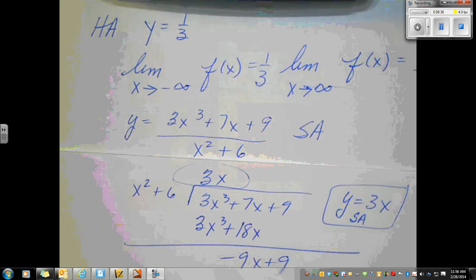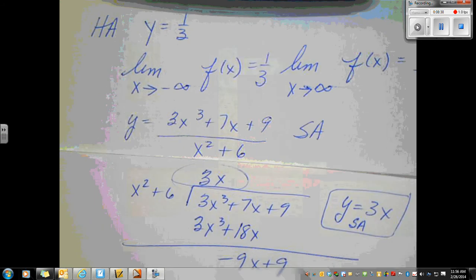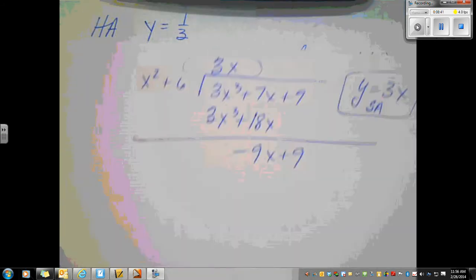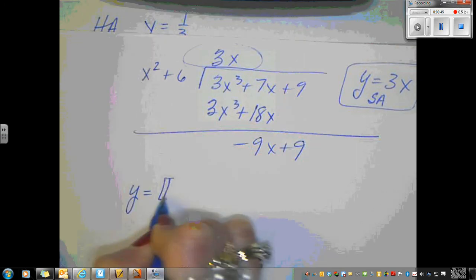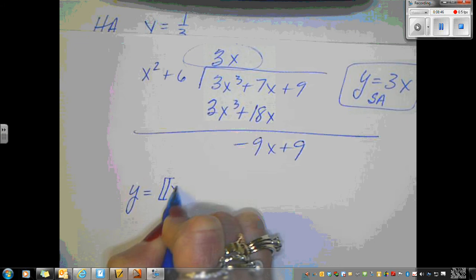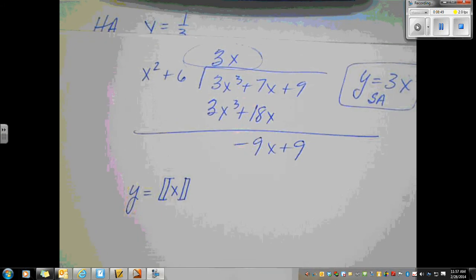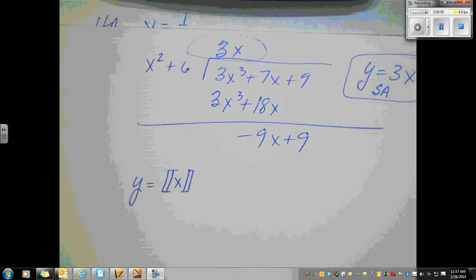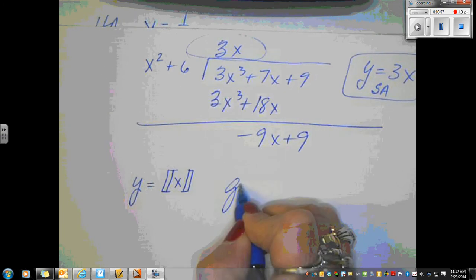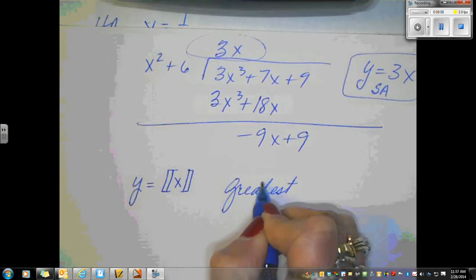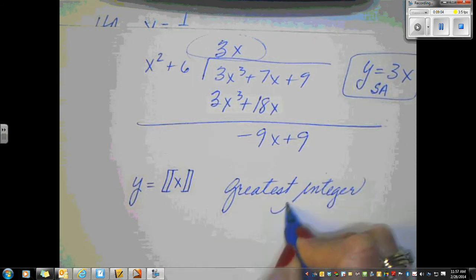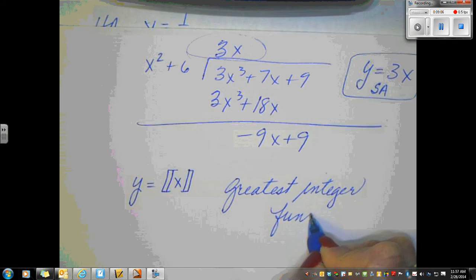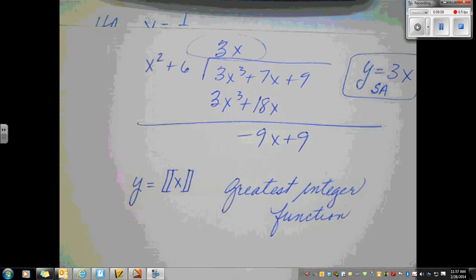All right, let's go on to your next favorite thing. What is this function? Yeah, the stair step. This is the stair step, greatest integer function.